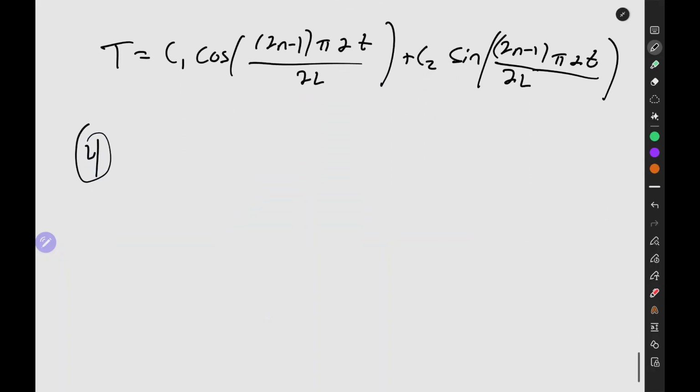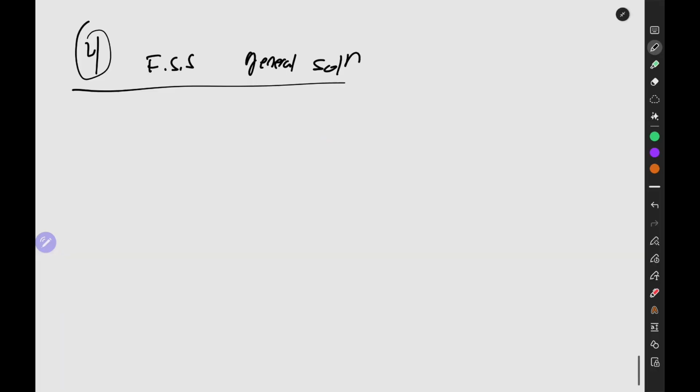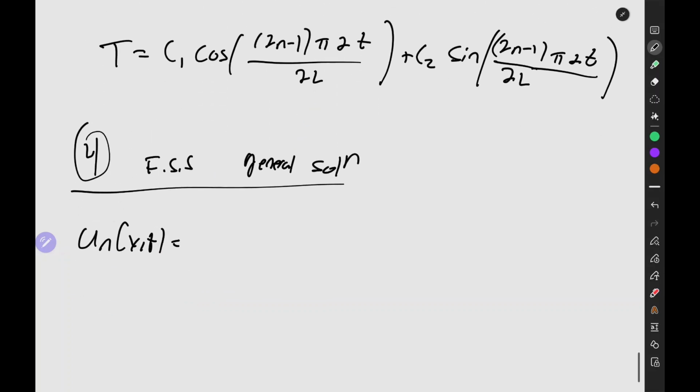Step 4, fundamental set of solutions and the general solution. So u_n of x, t is going to be, well, we have C sub n.